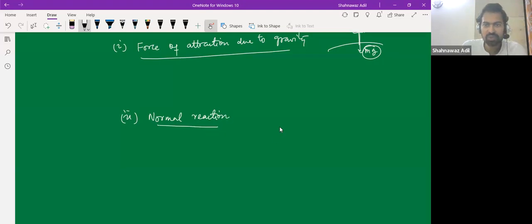The second force that we learned was the normal reaction. Whenever two surfaces are touching each other, they will experience some force.